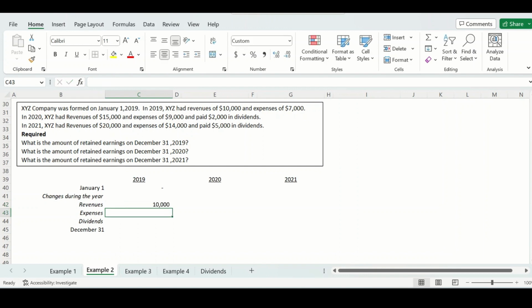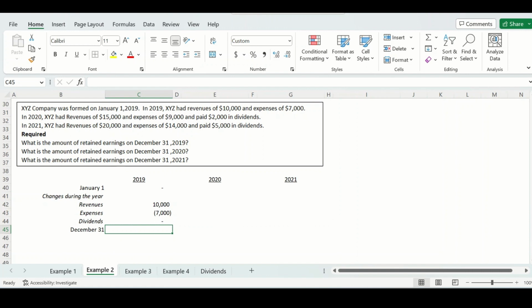We know that revenues have an increasing effect on retained earnings. And then also there was $7,000 of expenses for the company. And I've written the $7,000 as a negative because expenses have a negative effect on retained earnings.